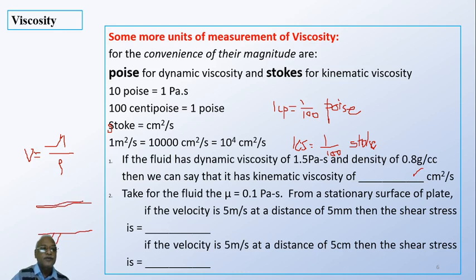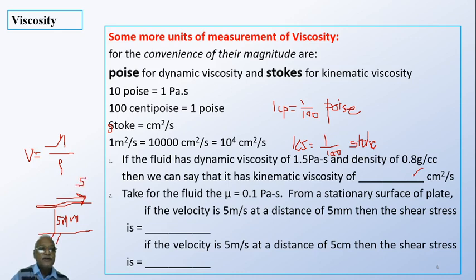So if I am able to explain this way, then the same viscosity of the fluid is given, and from the stationary surface plate, if the velocity is 5 meter per second at a distance of 5 mm, it means this distance is given as 5 millimeter, meaning whatever we have discussed as t, that t is 5 millimeter, and the velocity over here is 5 meter per second. So this v is 5 meter per second.